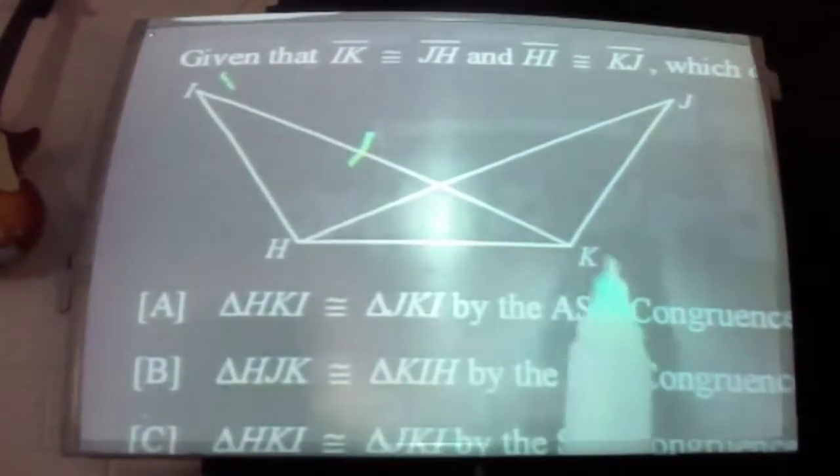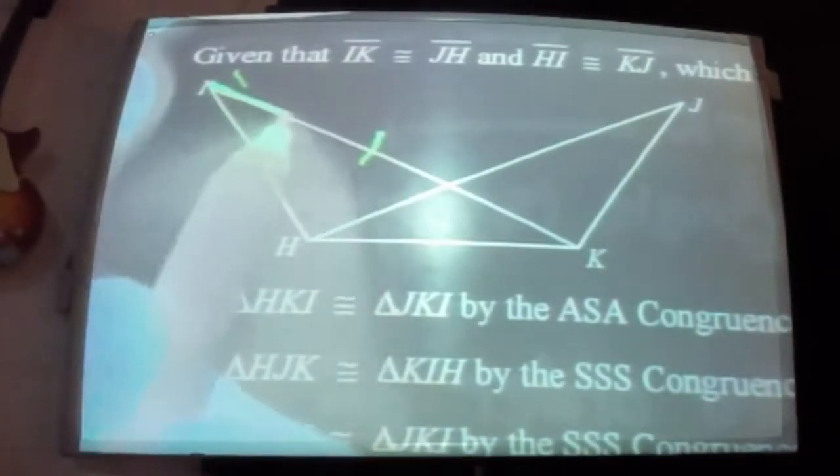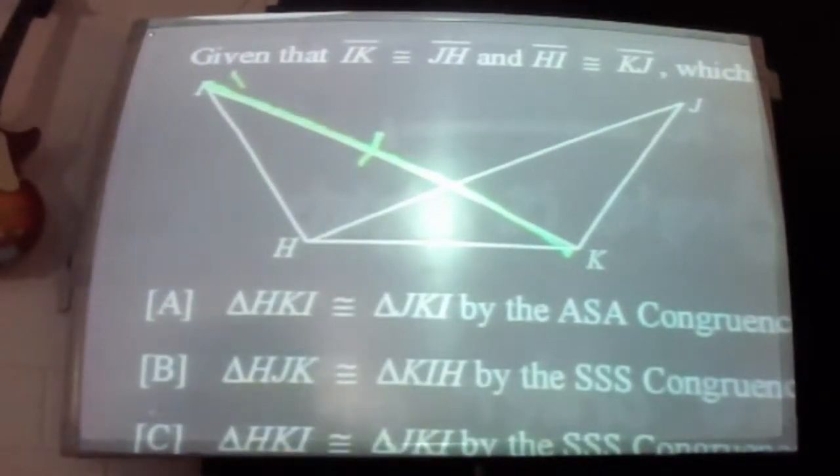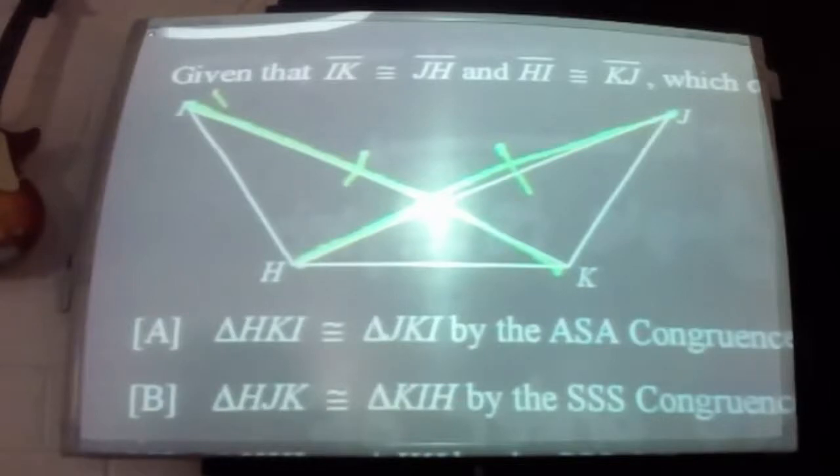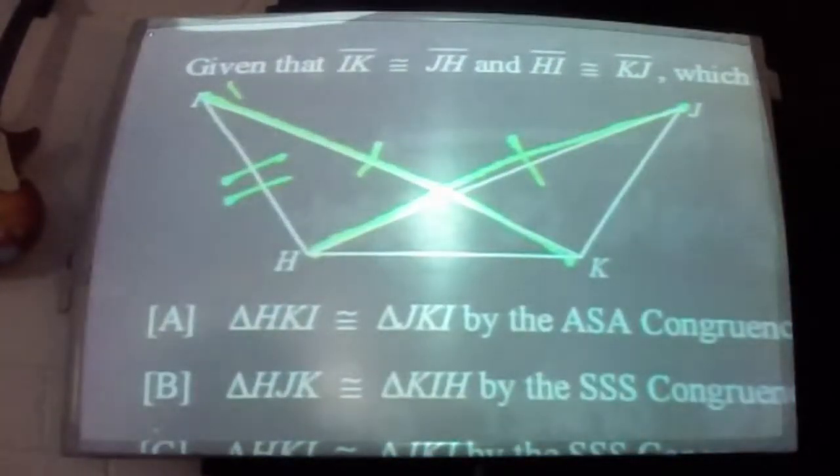Now I want to put this marking right here, but I want you to know that marking doesn't mean from here to here, it means the whole IK. IK is congruent to JH. This whole thing. That's your first thing. Now HI, that's the left side. And KJ, that's the right side.